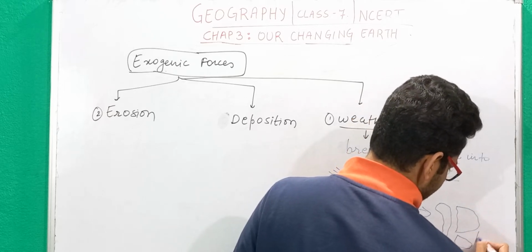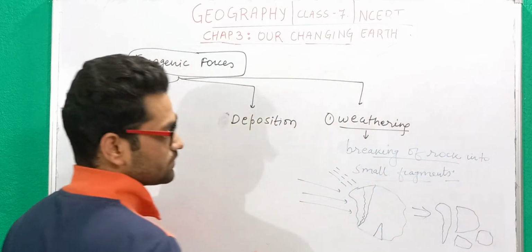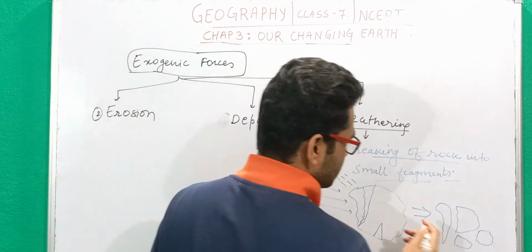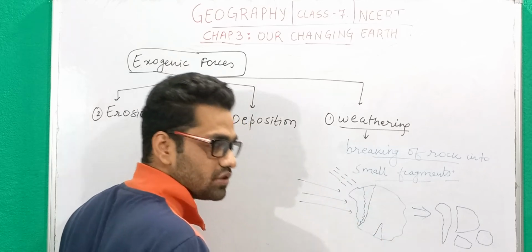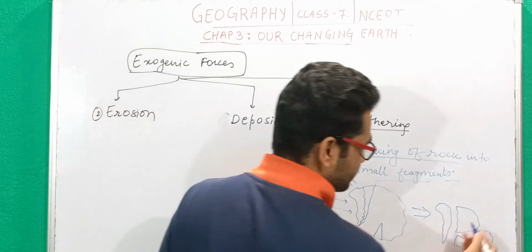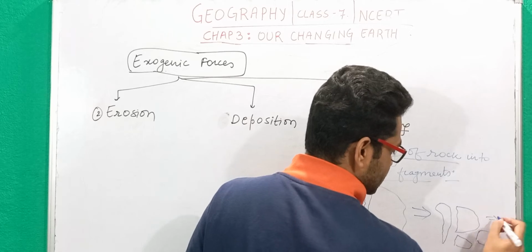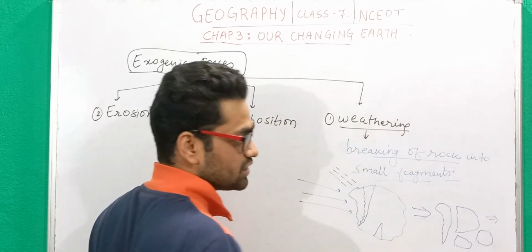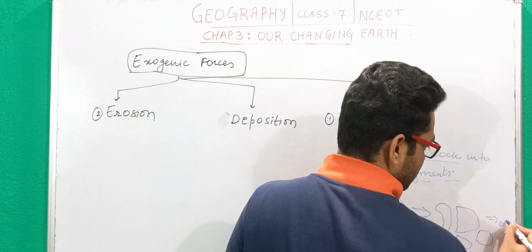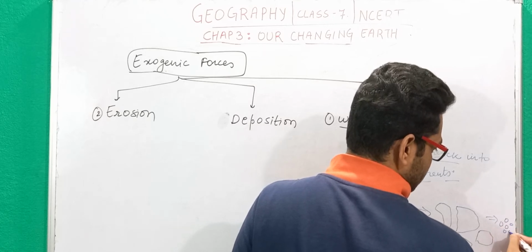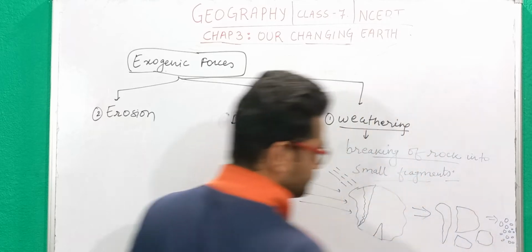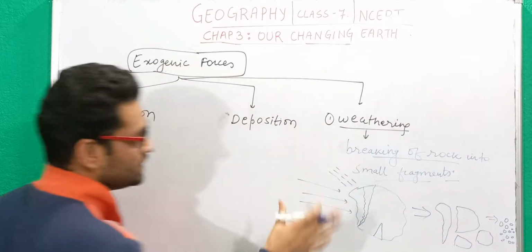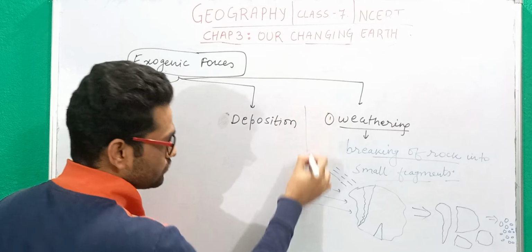Again the wind, the rainwater and the temperature differences will cause further fragmentation, and ultimately this rock will be broken up into many smaller pieces. This is the basic idea behind the weathering phenomenon.